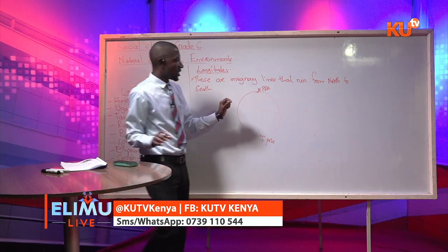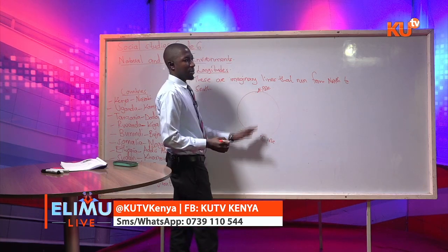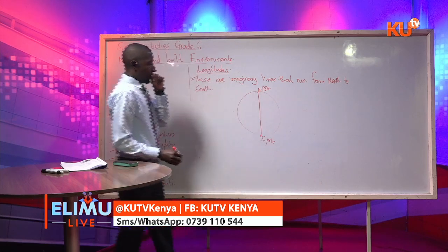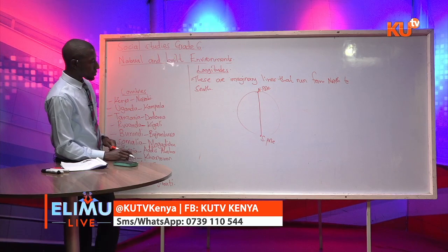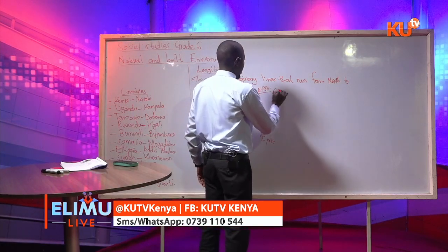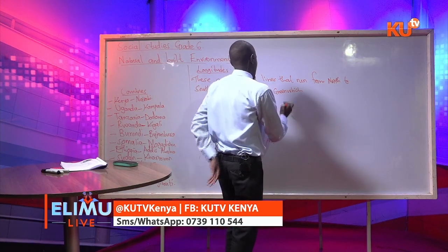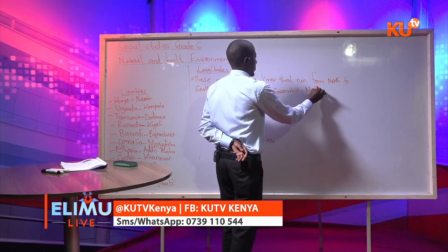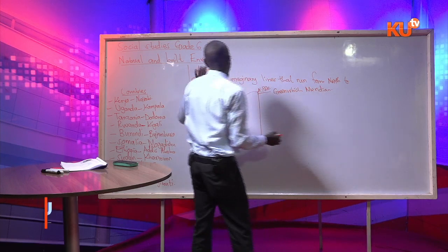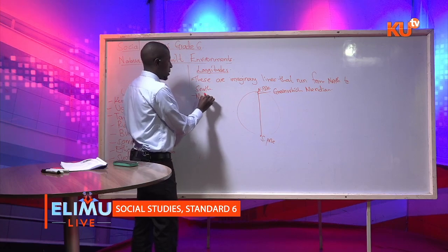So unlike the latitudes, which run from west to east, the longitudes run from north to south. And we have the main line of longitude, which is at the center there. And that main line of longitude is called the Greenwich meridian. Actually, another name for longitudes is meridians. Longitudes can also be called meridians.